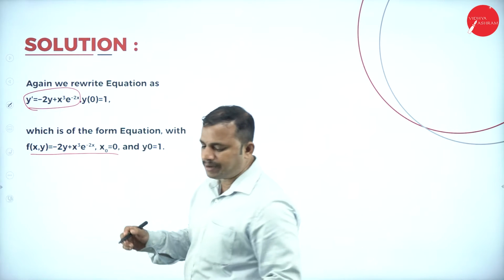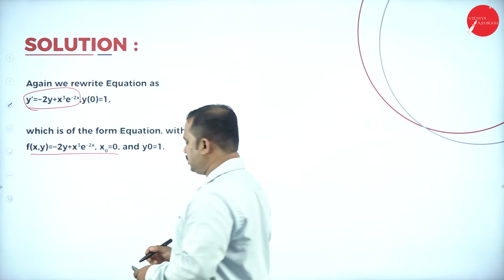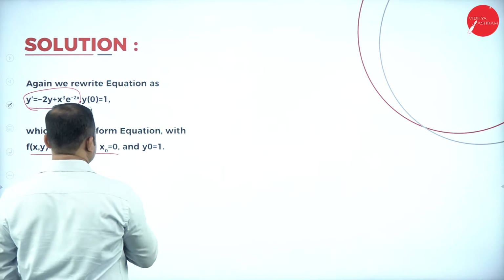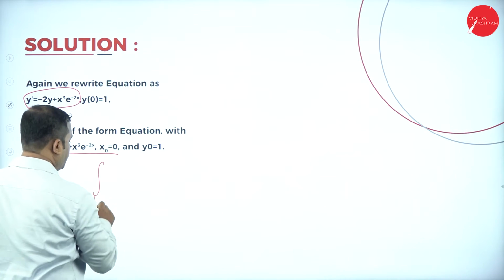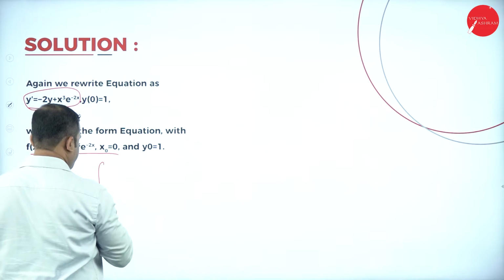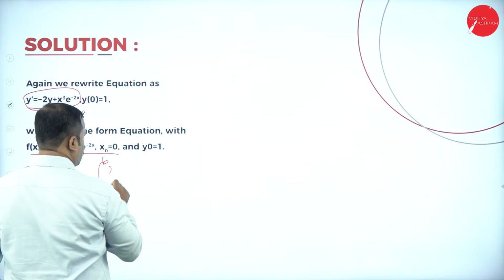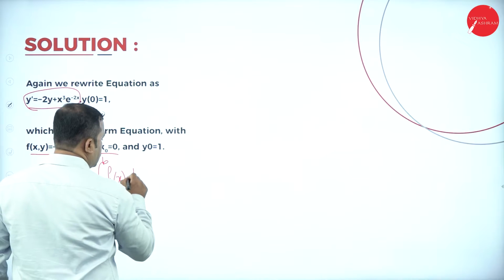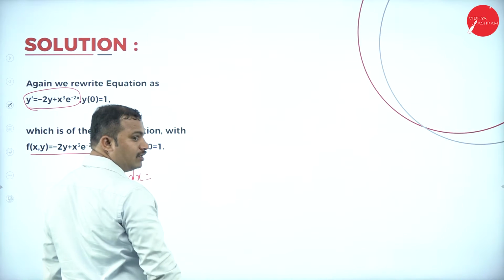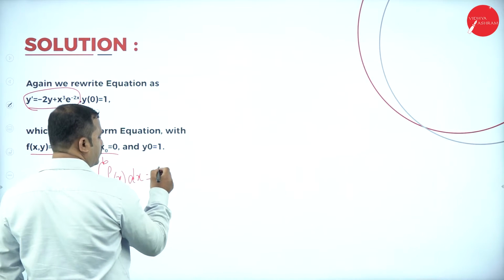What does the trapezoidal rule method say? The trapezoidal rule says that the integration from a to b of f of x dx is equal to, what is the value of that?